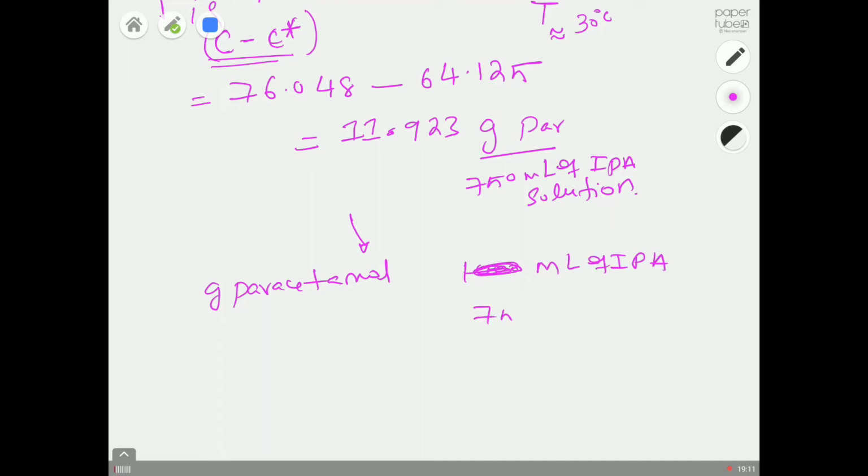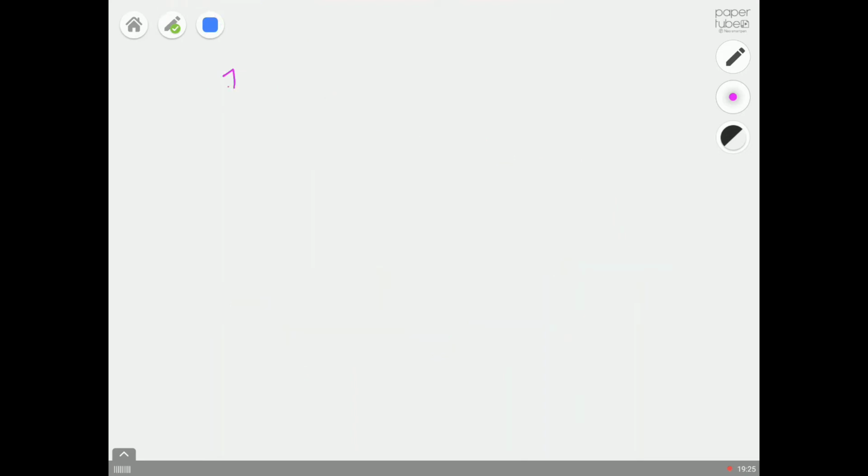So in 750 milliliters, we can theoretically crystallize 11.923. So how much can we crystallize in 1000? Just put x and do the cross multiplication again. So 11.923 multiplied by 1000 will be equal to 750 multiplied by x.